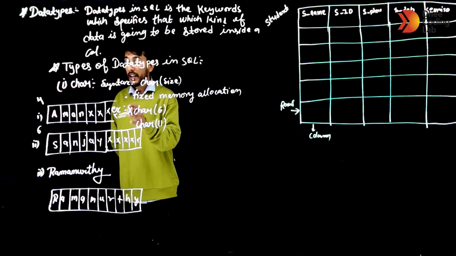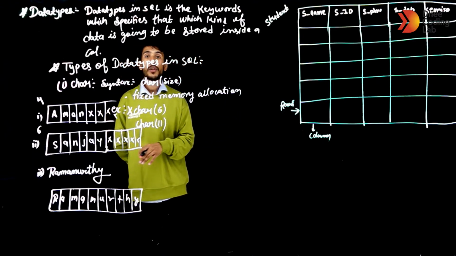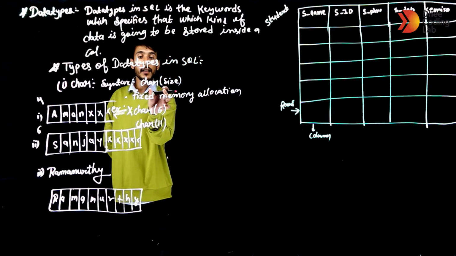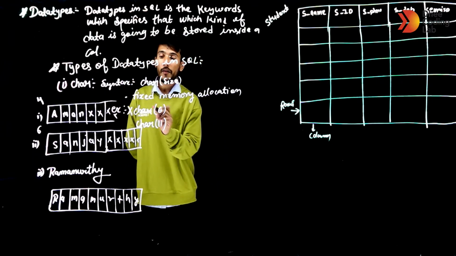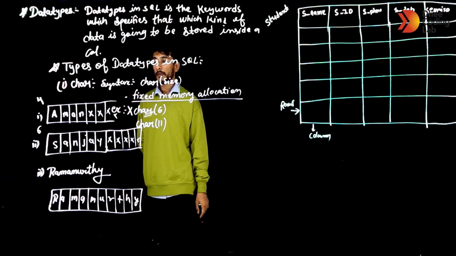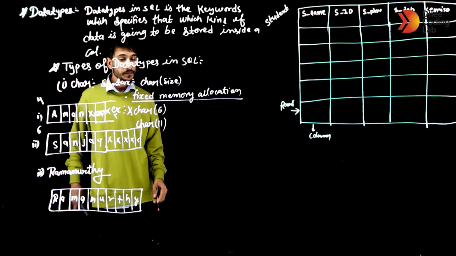So memory wastage is going to happen. That is the reason char comes with the limitation of fixed memory allocation.